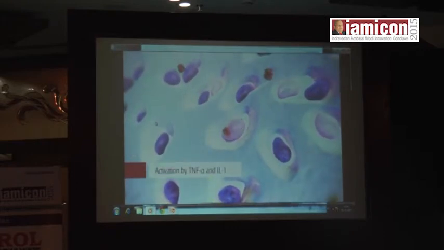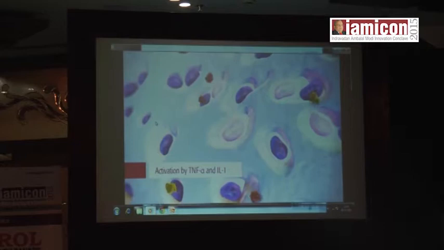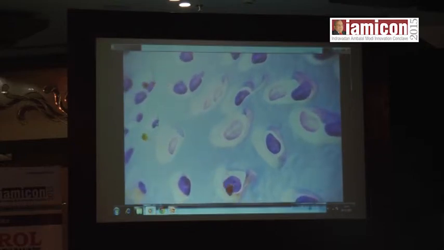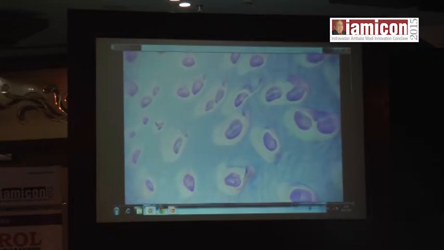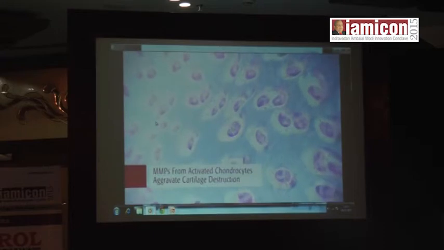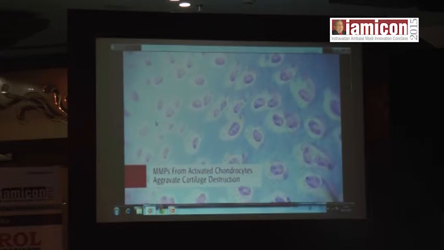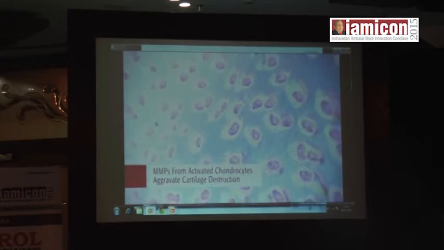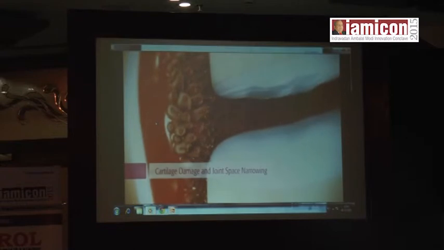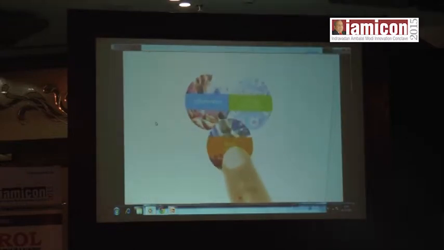However, in response to stimulation by TNF-alpha, IL-1, and other inflammatory mediators, chondrocytes become activated in the rheumatoid joint. Activated chondrocytes secrete more inflammatory factors and more metalloproteinases, MMPs, which aggravates inflammation and cartilage damage. The cumulative result is irreversible cartilage damage and joint space narrowing.